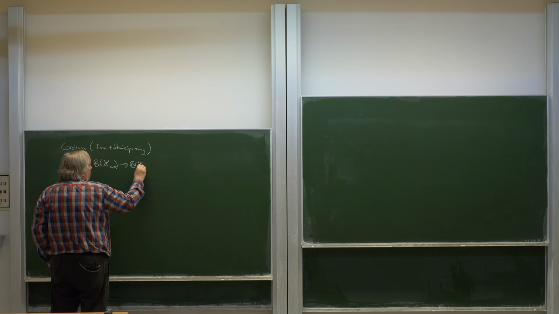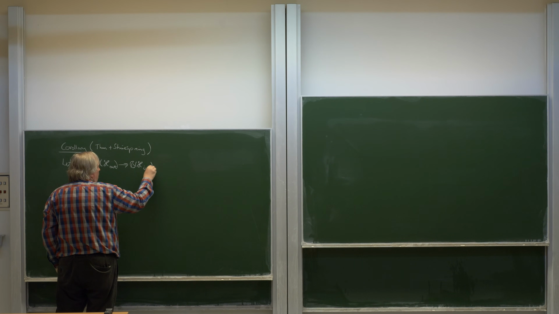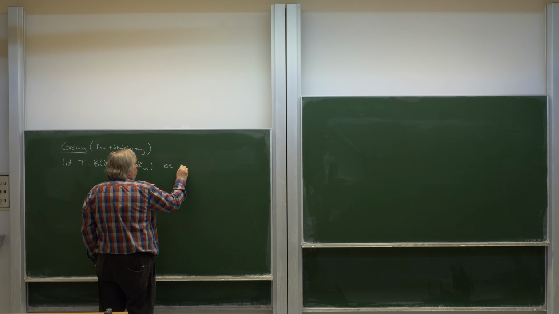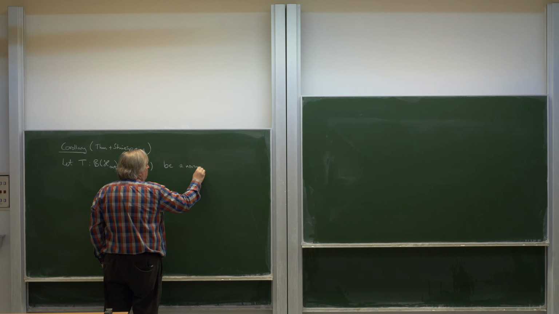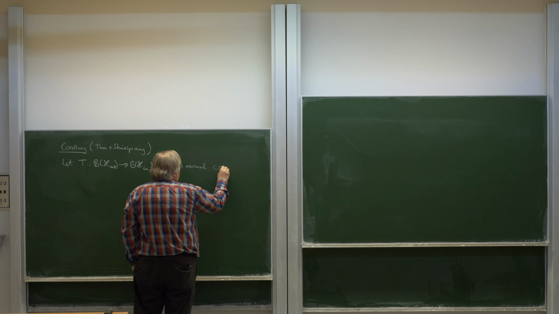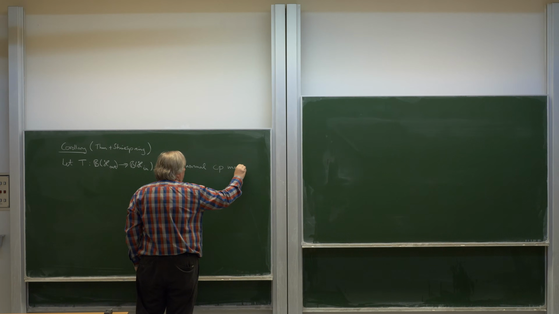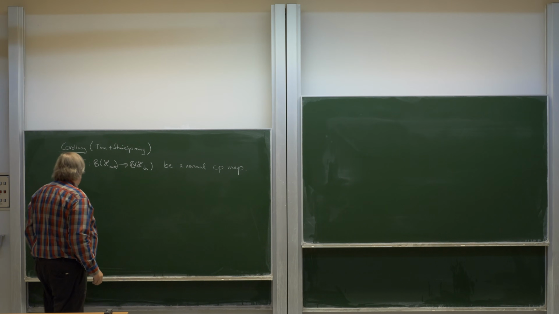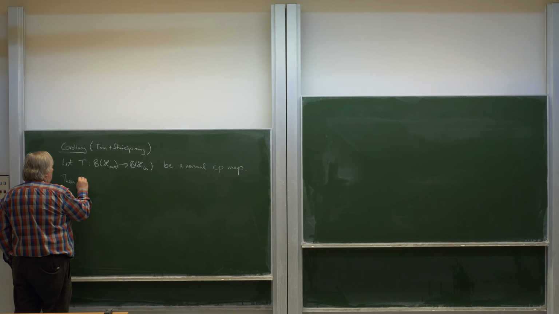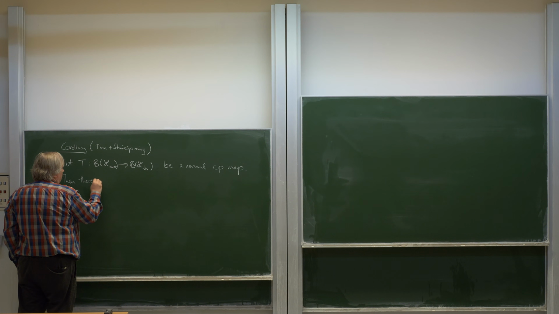In. A normal, same kind of continuity, normal CP map. Then there is a Hilbert space.